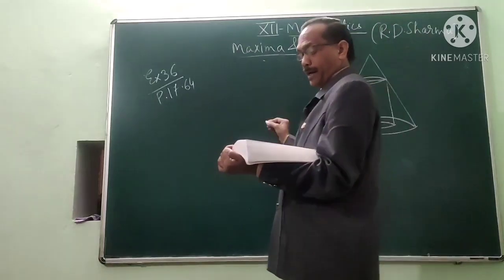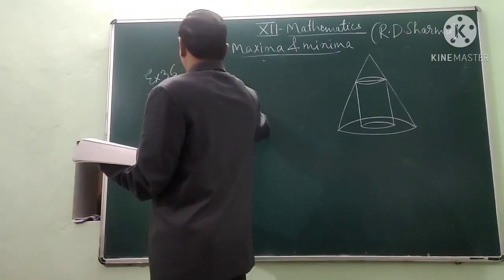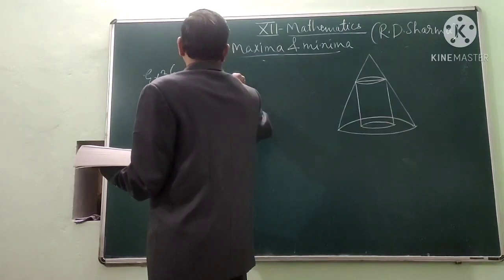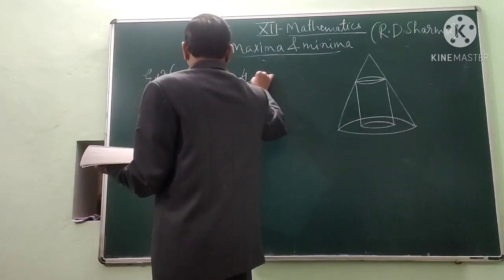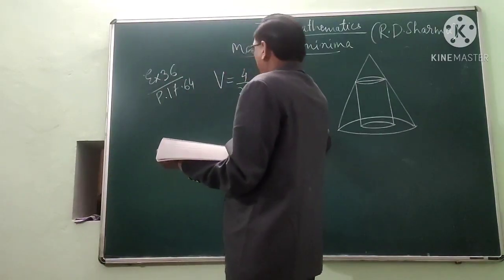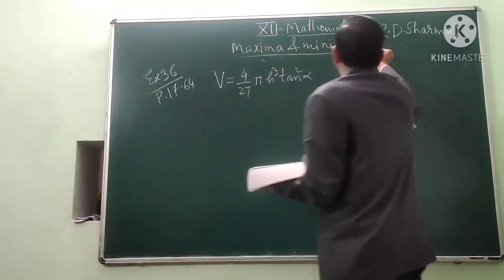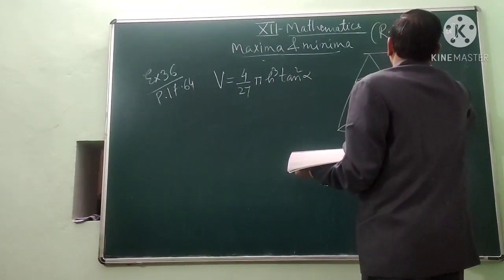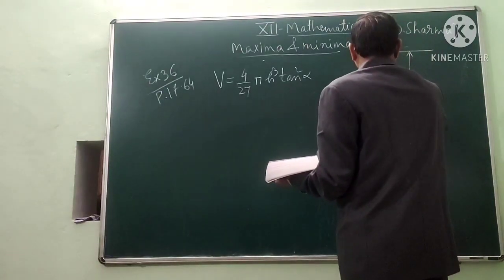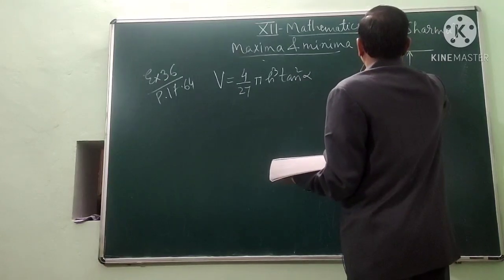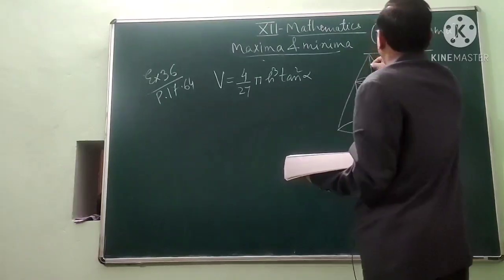We have to prove that the volume of the greatest cylinder is 4 upon 27 pi h cube tan square alpha, where h is the height of cone, which is constant, and the semi-vertical angle alpha is also given here; it is constant.